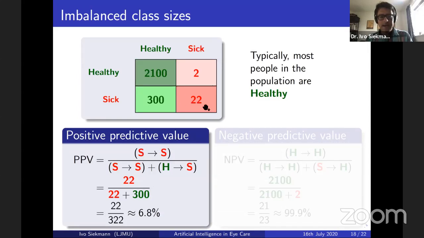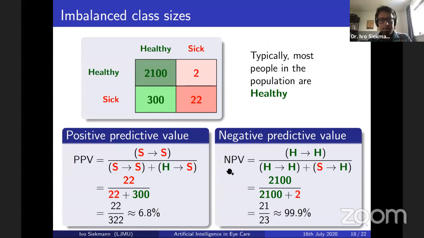So when we look at the patients that are predicted as sick, we see that we have still 22 patients predicted as sick. The problem is that in total, we had to predict many more patients, and 300 patients, if we assume the same error rates as before, have predicted as healthy, although they were really sick. So we see that the positive predictive value in this example is very low.